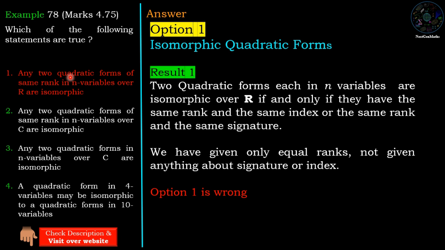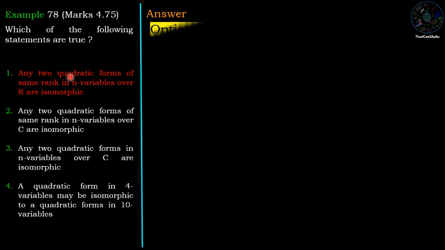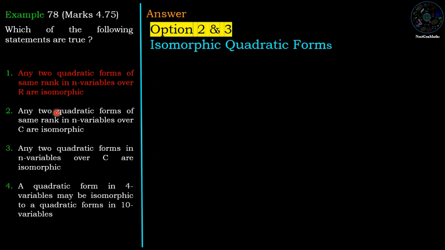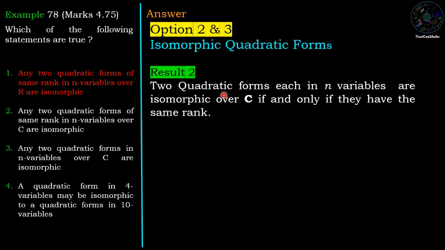Now option 2, which is about the isomorphism of two quadratic forms over the complex field. Two quadratic forms each in n variables are isomorphic over C if and only if they have the same rank. So it is a condition only about the same rank, and that is given in statement 2.